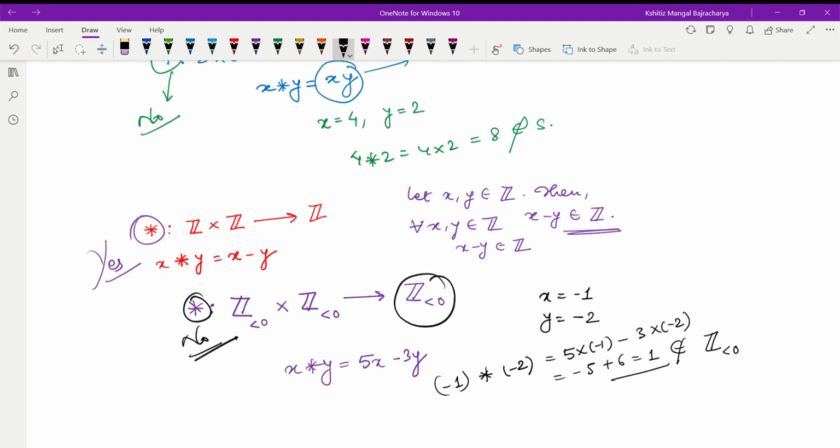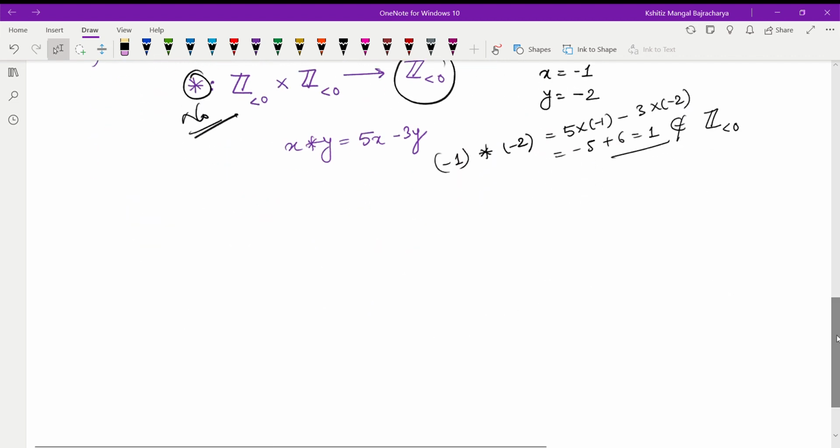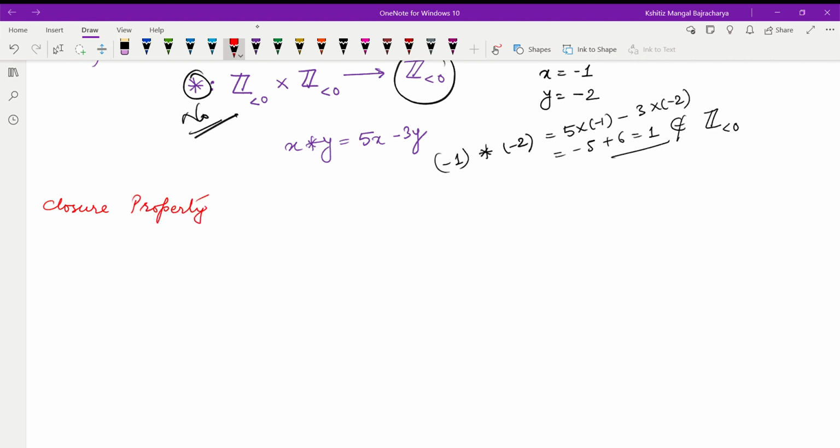Now, with these discussions, I guess it's clear that the concept of a binary operation is clear to you. So let's move on to some other properties of a binary operation. Some textbooks would like to define the closure property of binary operations.